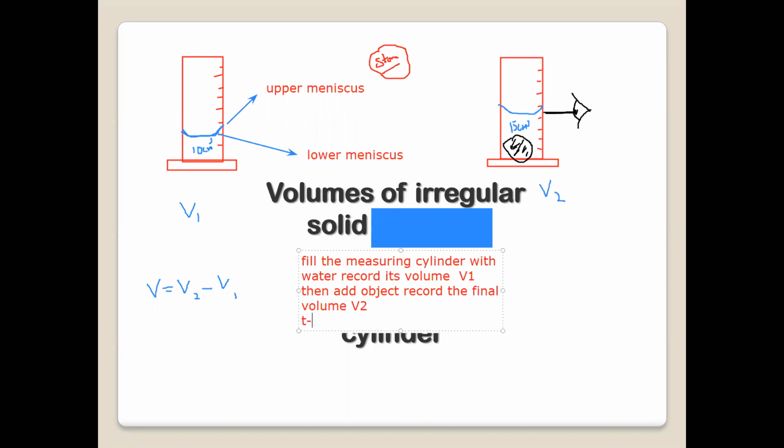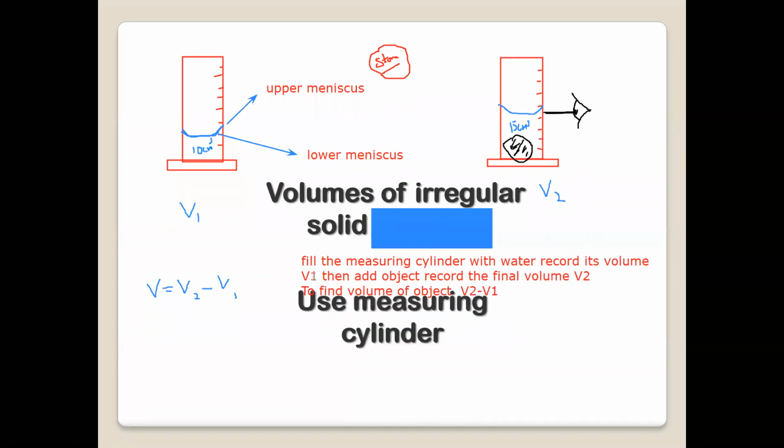To find the volume of the object, it will be V2 minus V1. So this will give us the volume of the irregular object.